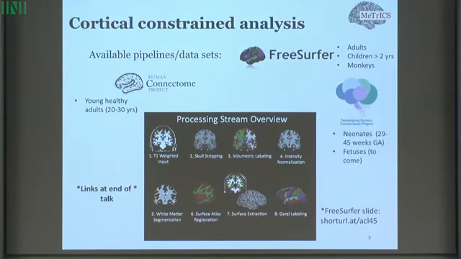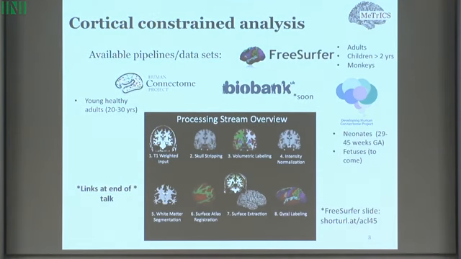I'm currently working on the Developing Human Connectome Project, where we're repeating these pipelines in babies. We've got a pipeline now working for the neonates, which are acquired from 29 weeks gestation to about 45, so it includes a large number of preterm babies. And we're working on fetal data. And the biobank will also have cortical surface processing at some stage soon.